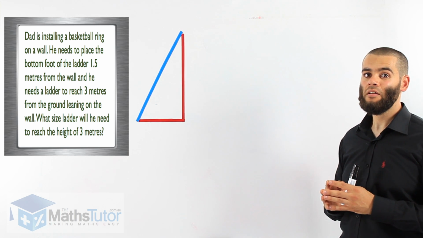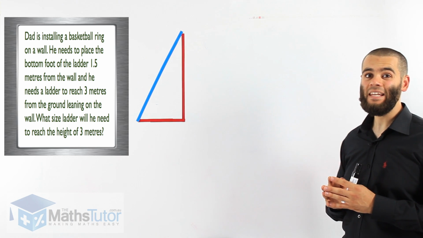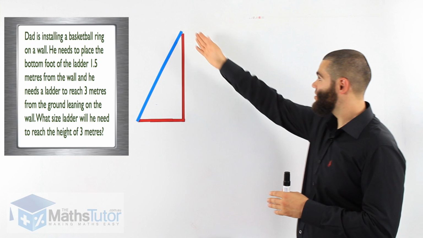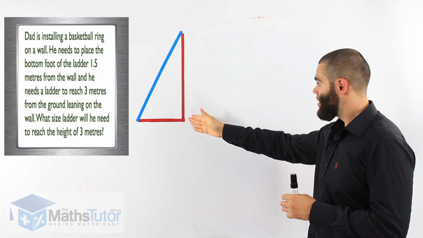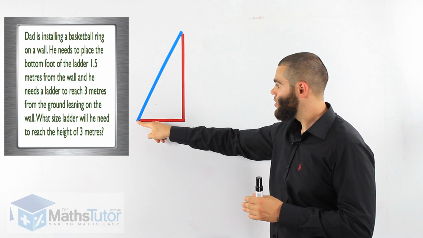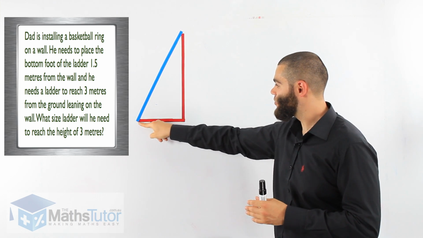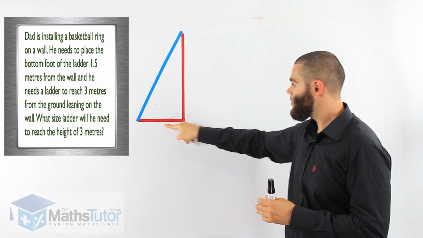We know that Dad has to put a ladder leaning against the wall. Now the wall is vertical and the foot of the ladder is going to be 1.5 meters from the wall.